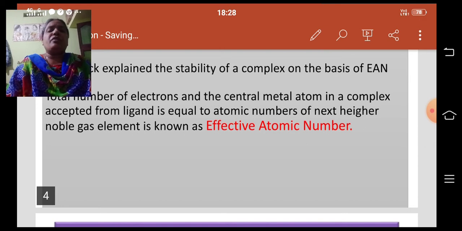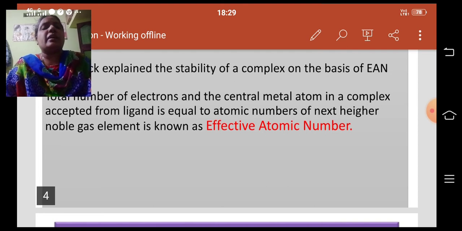According to Sidgwick, if a complex obeys the EAN rule, that complex is highly stable. If a complex does not obey the EAN rule, the complex is unstable.